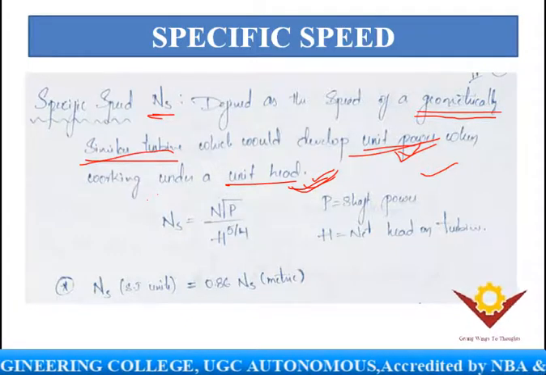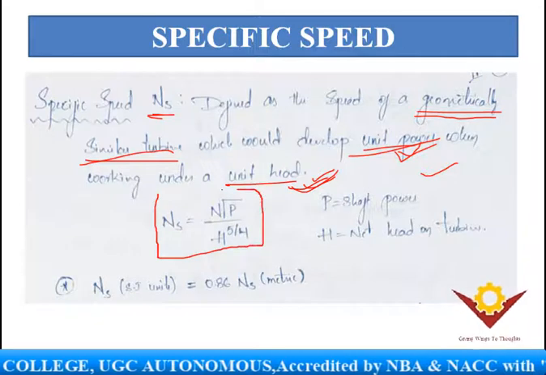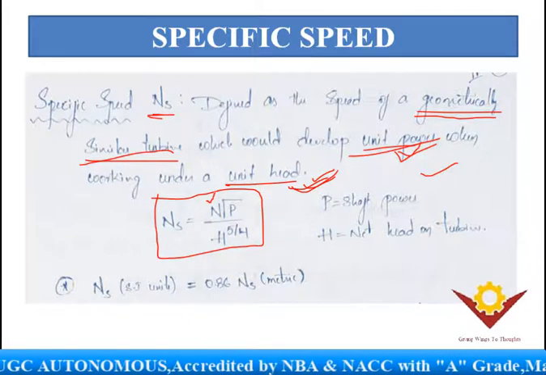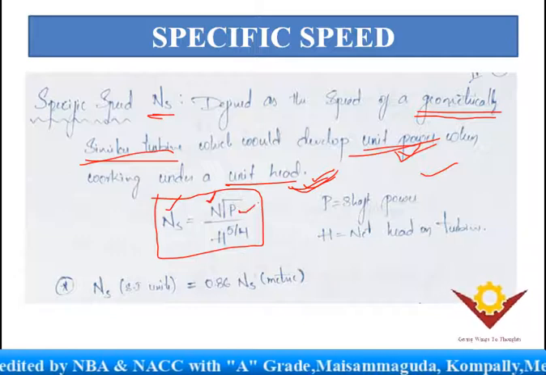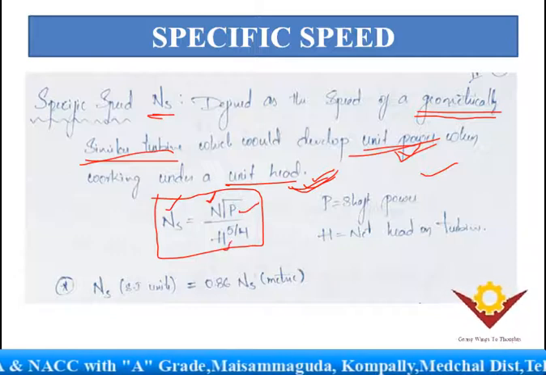So for this, what you're going to take is ns equals n. This is the specific speed, and n is the normal speed of your actual turbine. This is the power that is going to be produced, and this is the head.